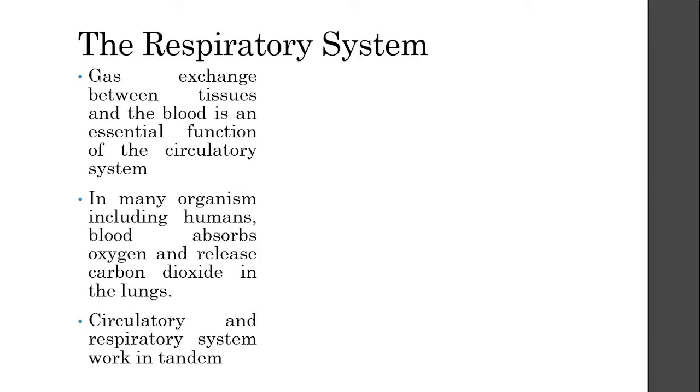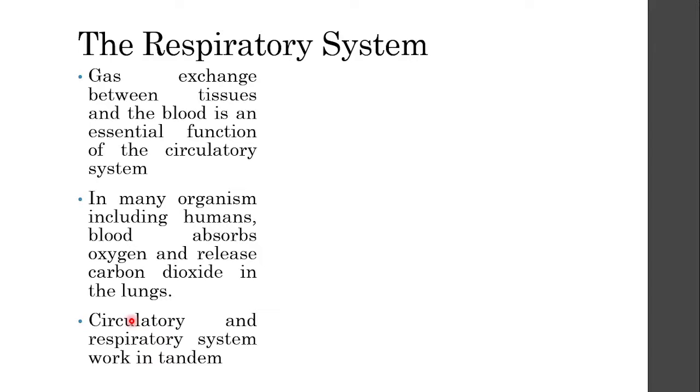The respiratory system is able to not only take in oxygen but also remove carbon dioxide, and that oxygen is transferred all over our body via the circulatory system, which will actually be our next topic, lesson 10.